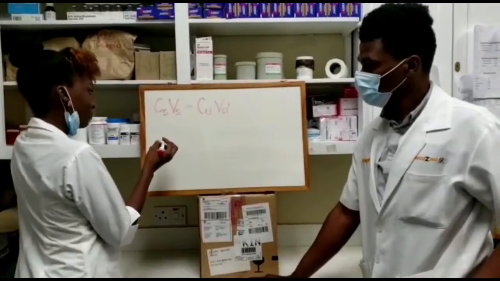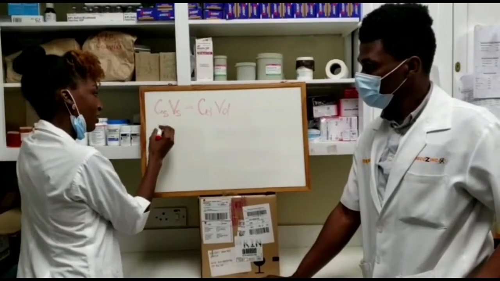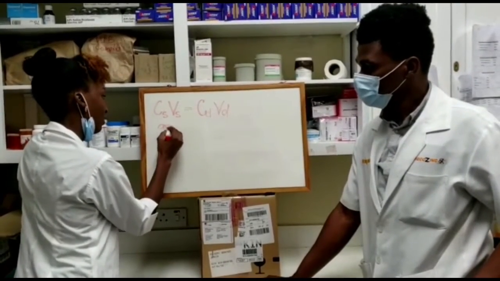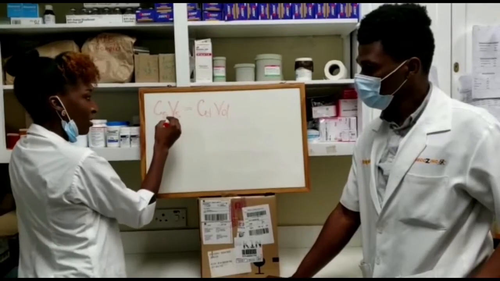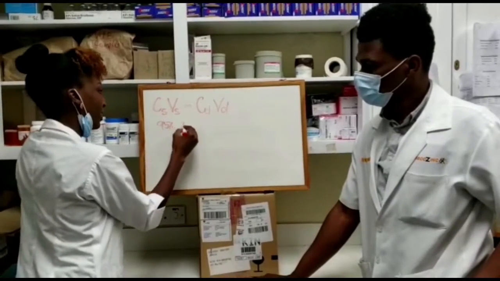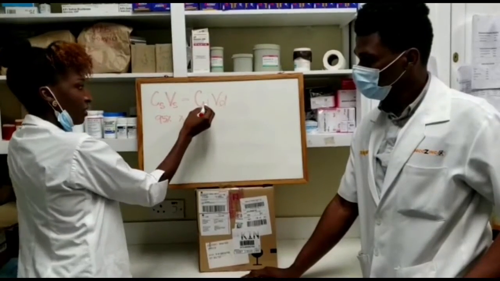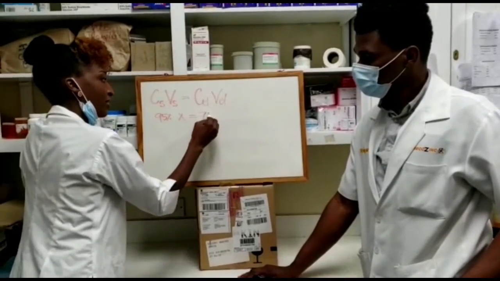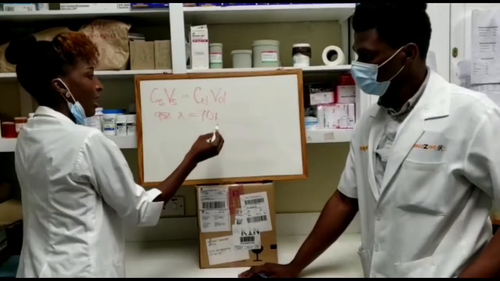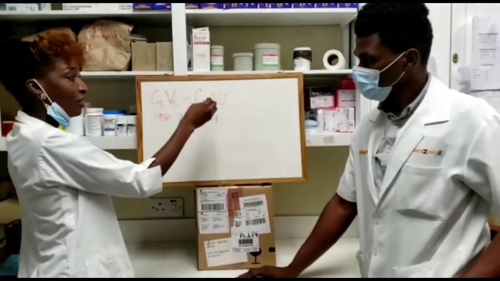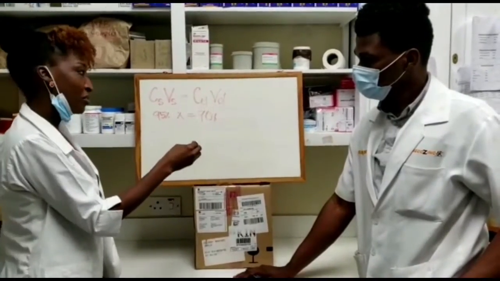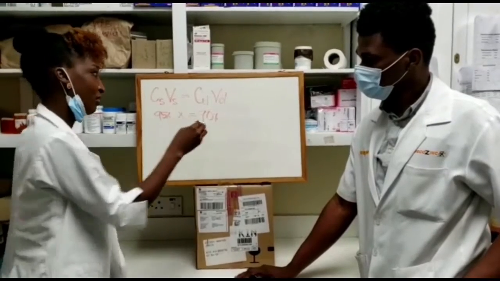So we know the stock concentration that we have is 95, and the volume that we need of the 95 we don't know, so we're going to put X. The concentration that we need at the end is going to be 70% because that's what we're making. And the volume, for all the dilutions that we're going to do today, we're going to make 100 mLs of it.